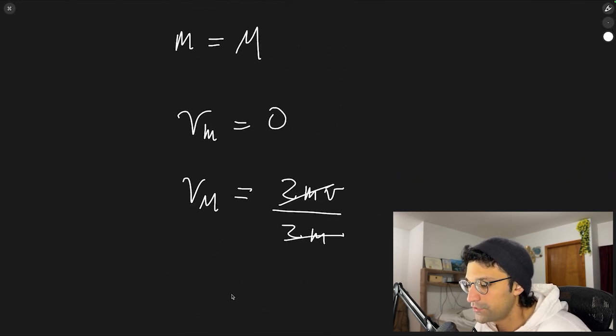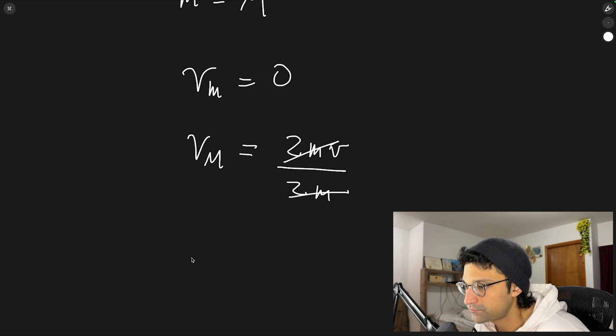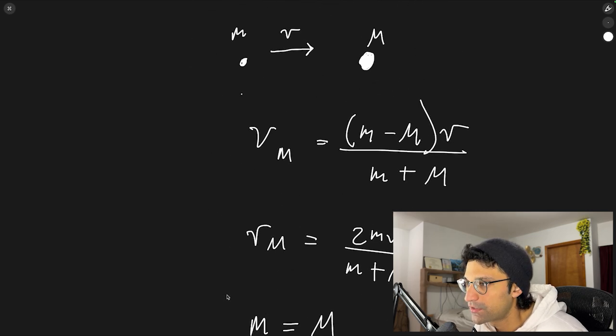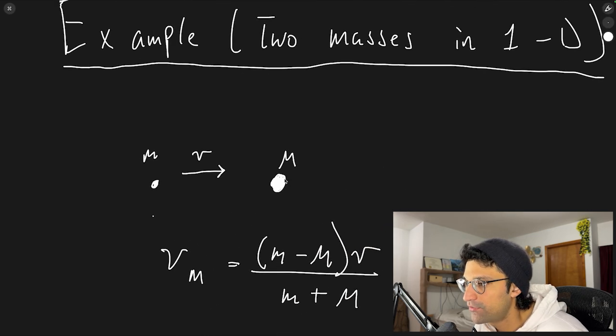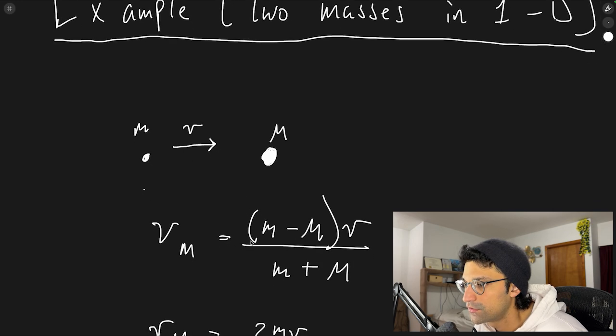Okay, what are the other limiting cases? What about big M much greater than little m? What do you expect? You expect this guy to not really move, not to acquire any velocity, and this to just hit it and come back like a wall. So does that happen?